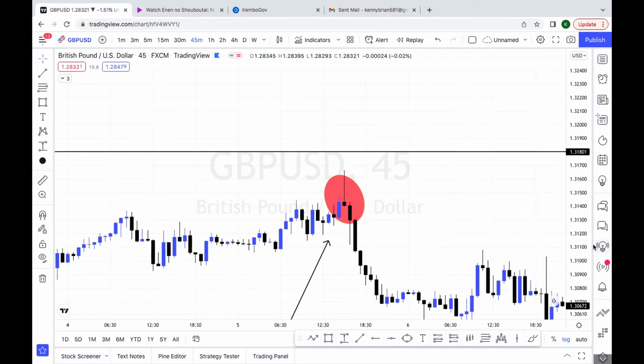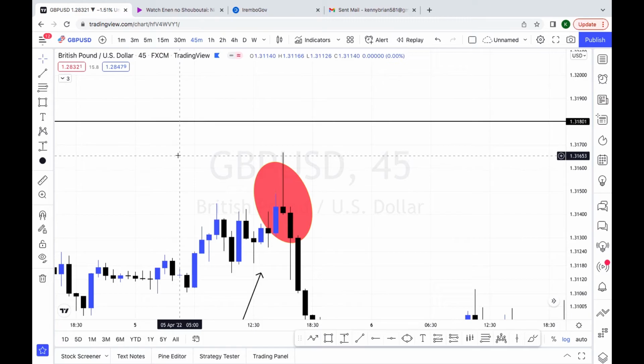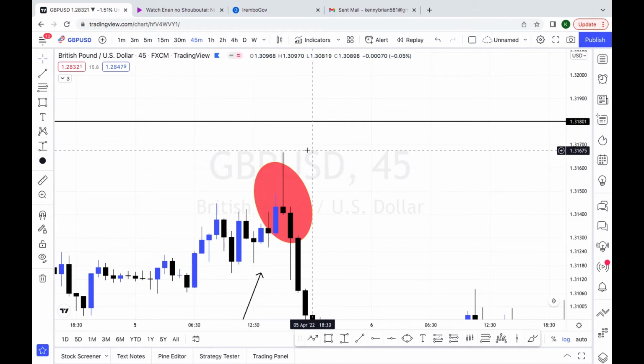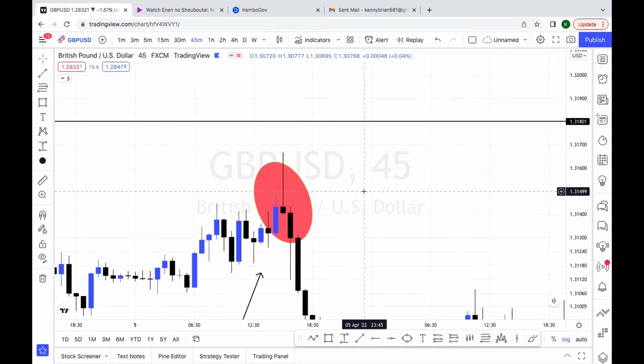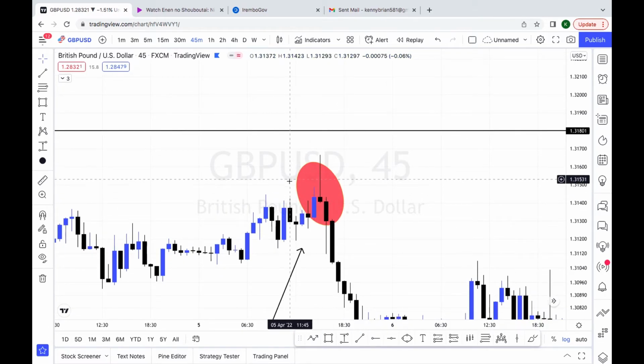So as you can see, the bulls tried to move price higher, but the sellers brought price back lower, thus leaving this exhaustion area, which also left this wick to represent that buyers were once here but couldn't hold it, right?